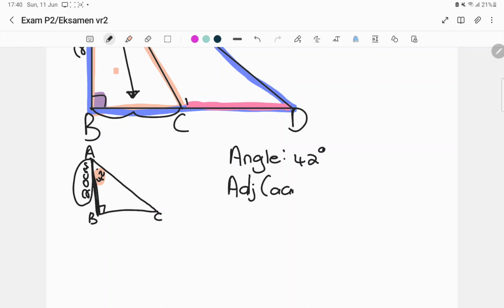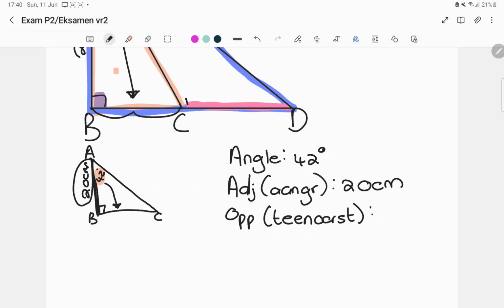So we know the adjacent side is 20 centimeters. And the side I want is BC. So what will BC be? It will be my opposite side.